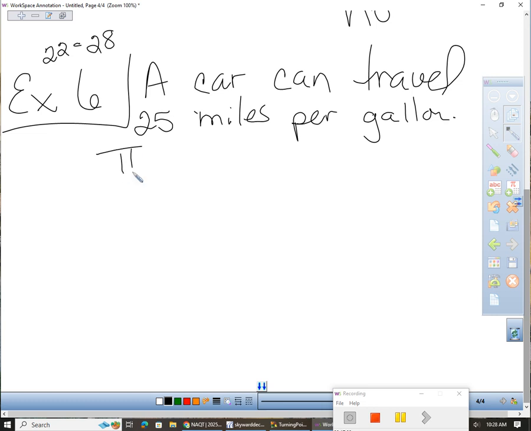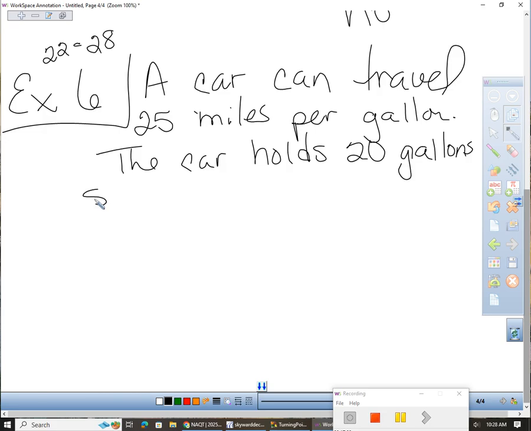The car holds 20 gallons. State a reasonable domain and range.